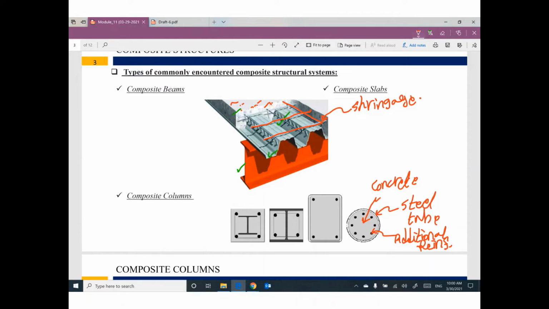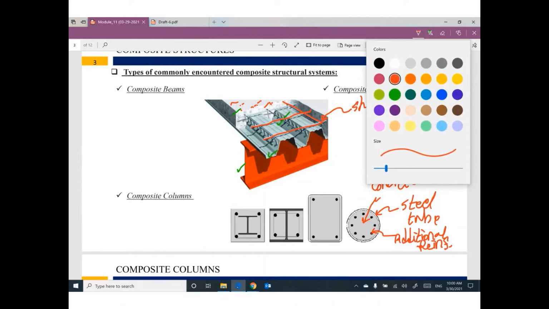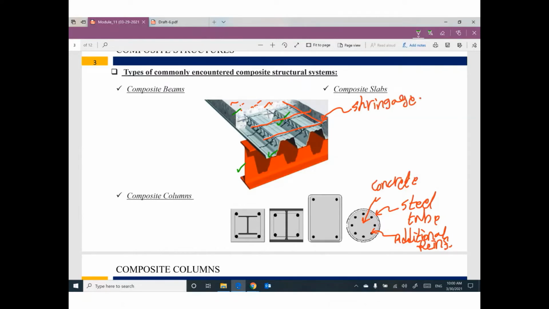Probably yes or no for the additional reinforcement, but mainly we have a steel tube and this tube is filled with concrete. Probably yes or no, probably we have additional vertical longitudinal reinforcement.